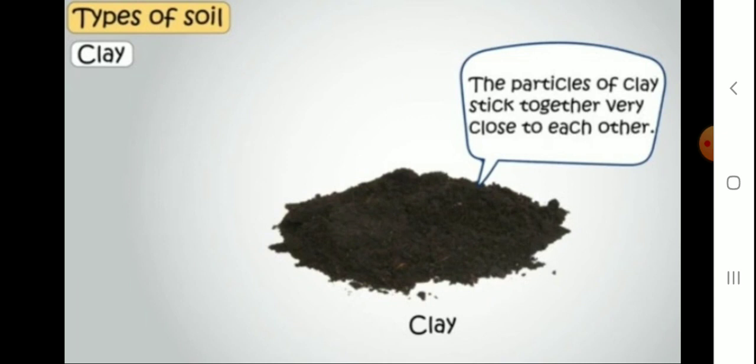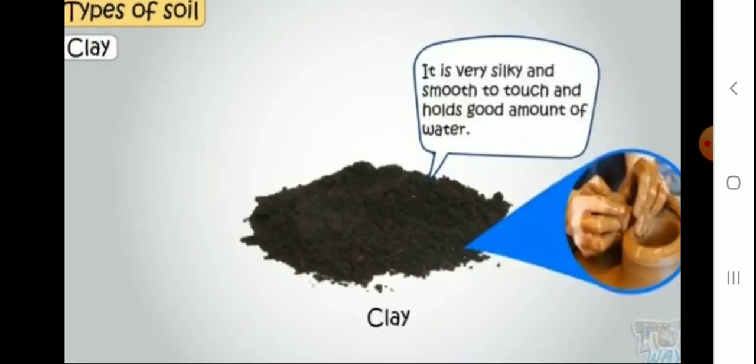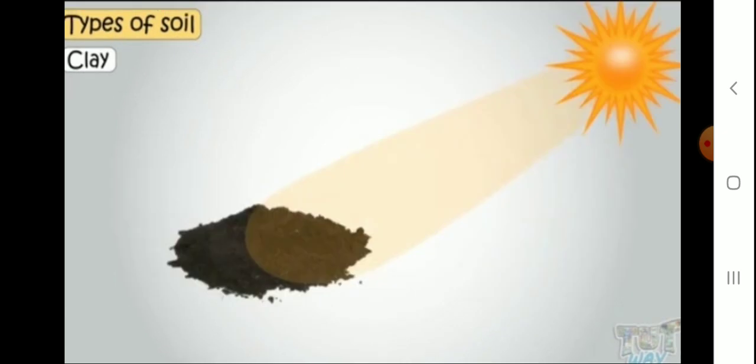The particles of the clay stick together very close to each other. Clay holds water and water drains through it very slowly. It is very silky and smooth to touch and holds a good amount of water. Clay can easily dry in the sun.